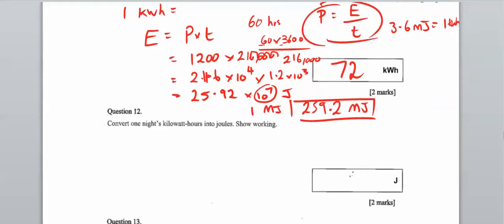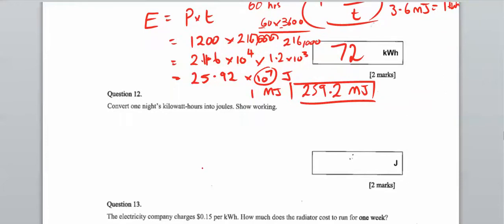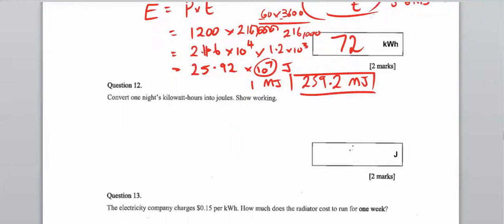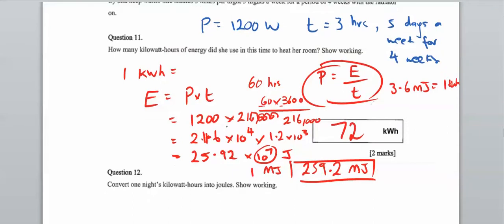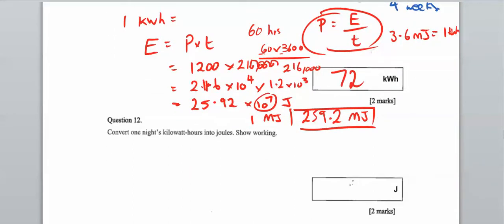Convert one night's kilowatt hours into joules. Well, how many nights have we got? We've got 20 nights. So that means that each night we've got 3.6 kilowatt hours, and we want to convert that back into joules. Well, each kilowatt hour is 3.6 megajoules.